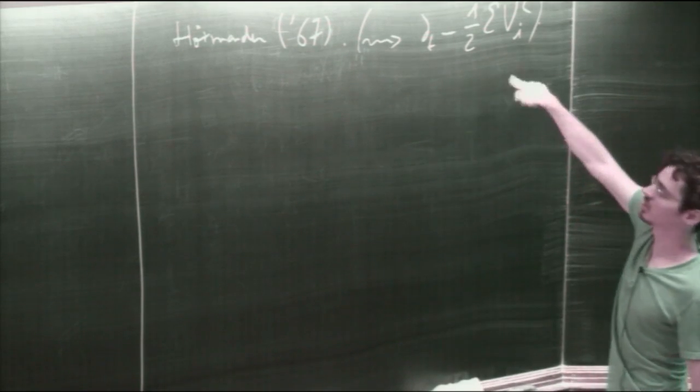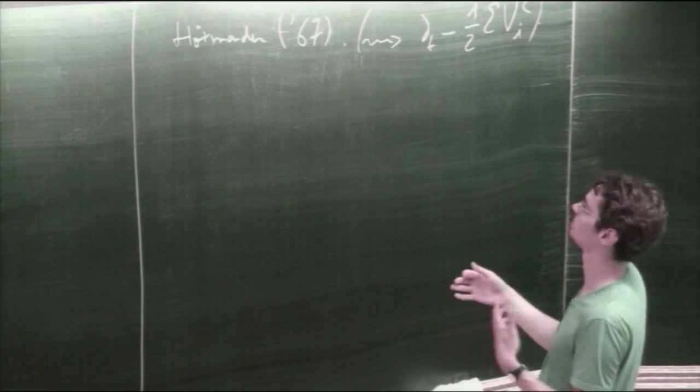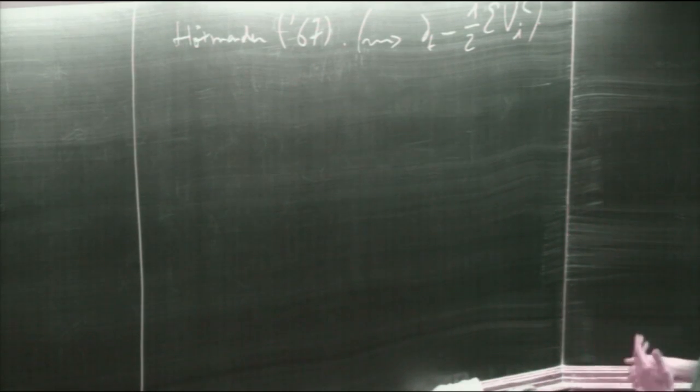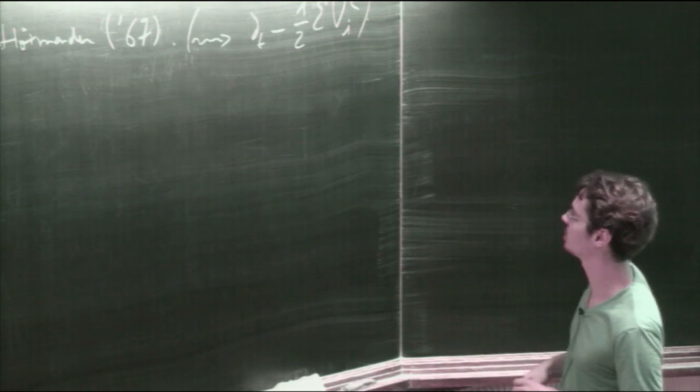In fact, Hörmander's theorem in this setting proves more, because it proves that not only do you have a density, but it's smooth. But today, what I will talk about is just the existence of the density.